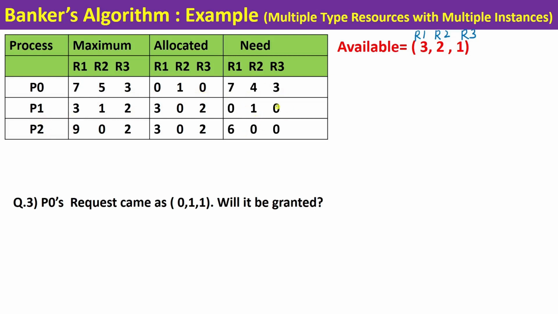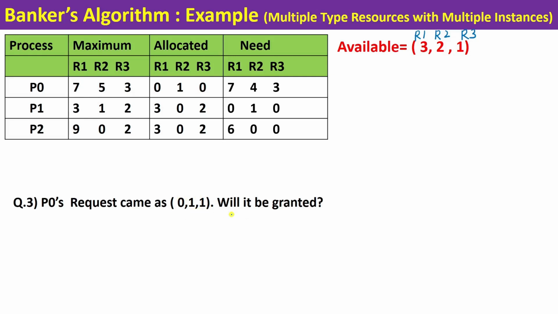Here you can see the future need of P0 is 743, but currently it is asking for only 011. That means we are asking for a small amount of resources at the current point of time. So the question is, will the OS grant this request or not?